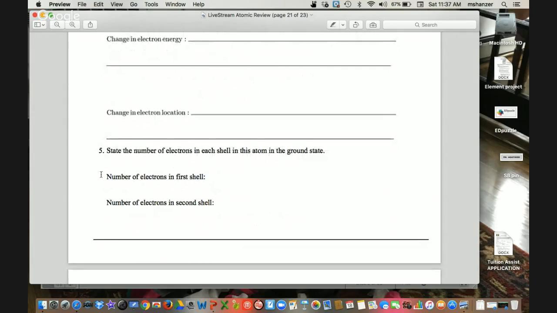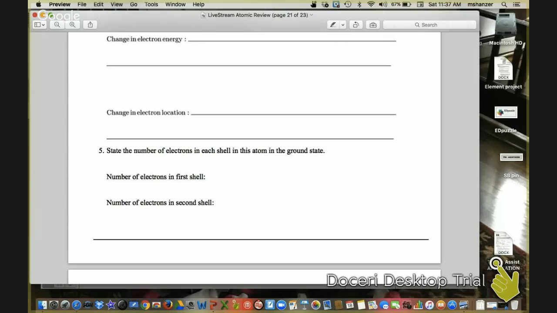Now, just as a side note, and I like to do side notes, you may have learned a formula called 2n squared. 2n squared is the way to figure out the maximum number of electrons that would be found in any particular shell. If n represents the energy level, for the first shell, 2 times 1 squared is 2.